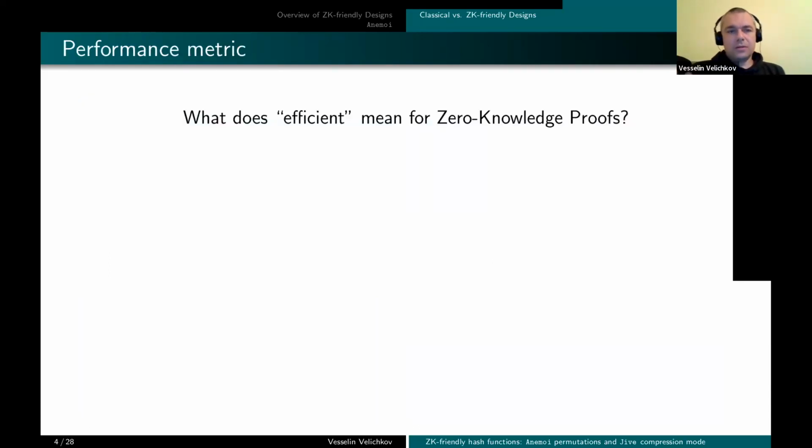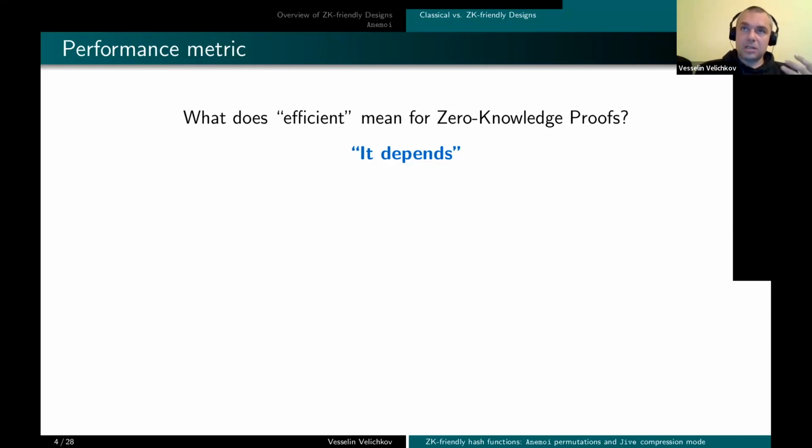So what does it mean to be efficient for zero knowledge proofs, for example? It really depends. You can think about efficiency in different terms. We want a small proof, we want a fast verifier or a fast prover or both.